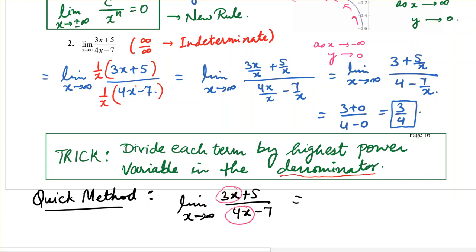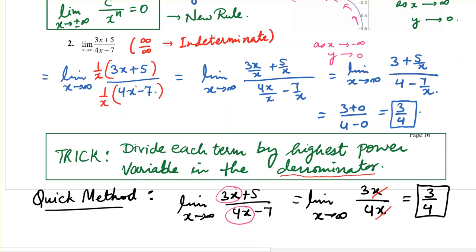Leading terms are the terms which contain the highest power of x. We can simply look at the highest power terms in the numerator and denominator and we'll get the same limit. Now x and x cancel, we get rid of any variables, and we are just left with 3 over 4. So this is the shortcut method for solving problems where we have fractional polynomials.